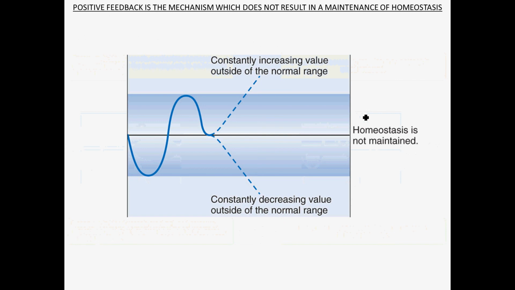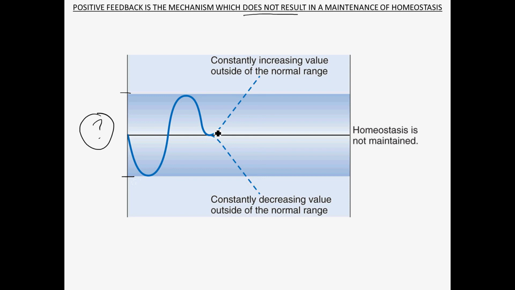Right, so let's contrast the negative feedback mechanism here with a positive feedback mechanism. And the positive feedback mechanism does not result in a maintenance of homeostasis, does not help bring whatever variable you're dealing with over here back into the range again. So we identify for ourselves, here's the upper limit, here's the lower limit or threshold.